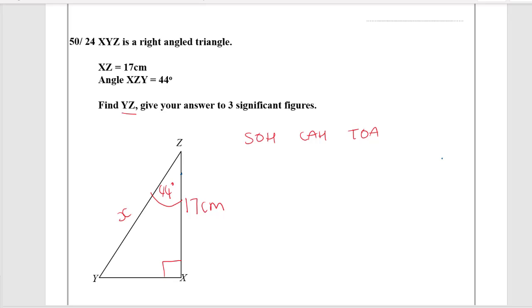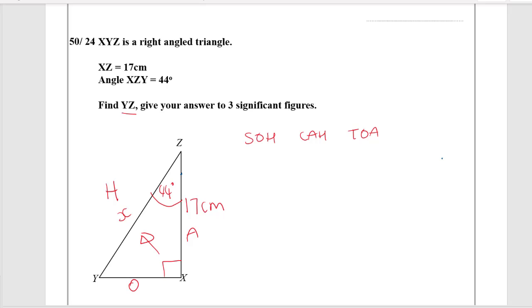We need to know which side is which in order to find out which formula to use. Opposite the right angle is always the hypotenuse. So this is hypotenuse. Opposite the angle given is opposite, and the last one is adjacent.